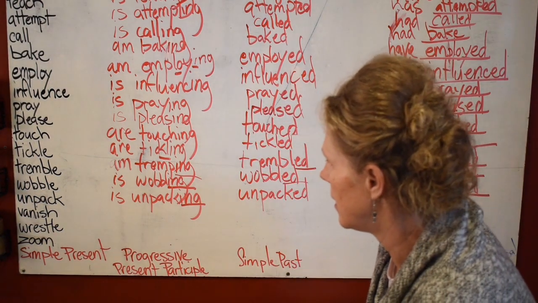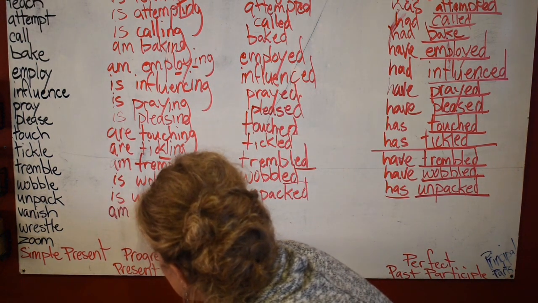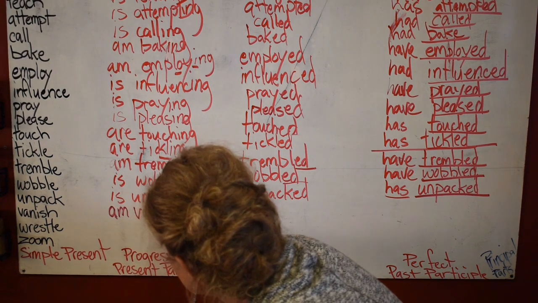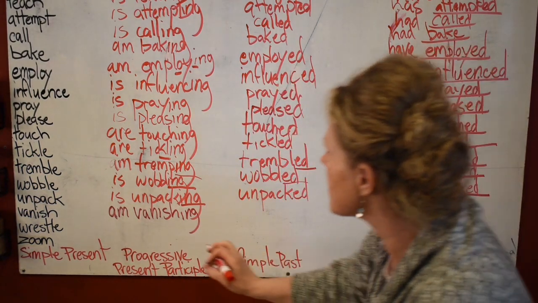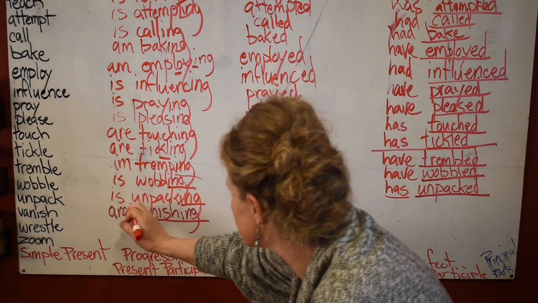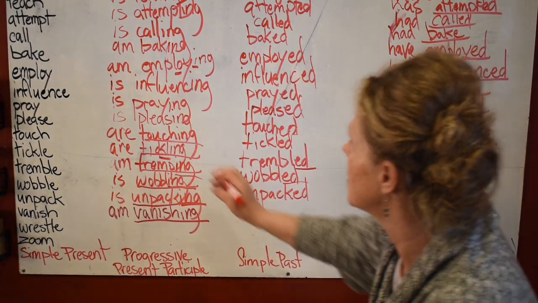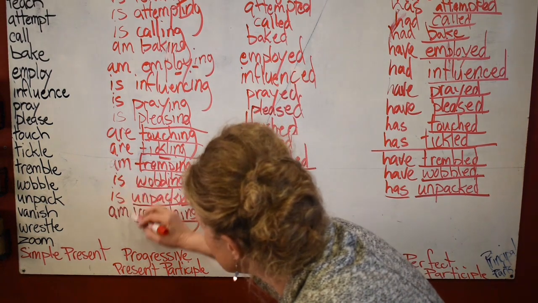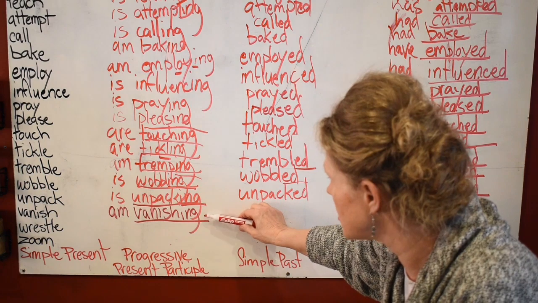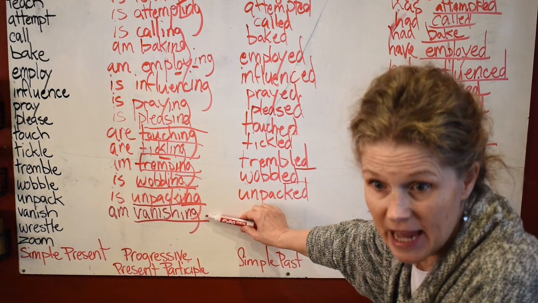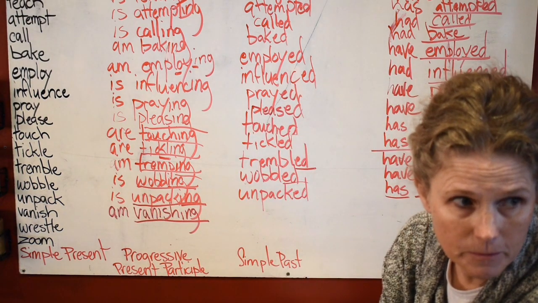Vanish. Am vanishing. You just add it on. Now remember, this word is considered your participle. You choose the auxiliary verb that you want to put with it. Now, if you're just using vanishing as an adjective, then you don't use the auxiliary verb.